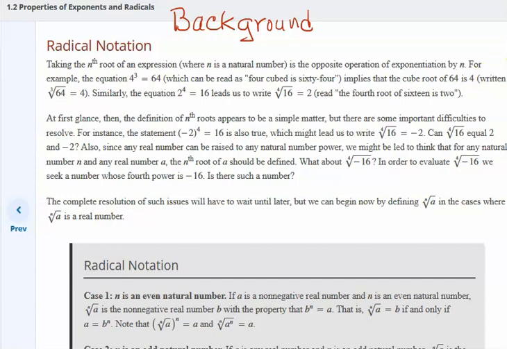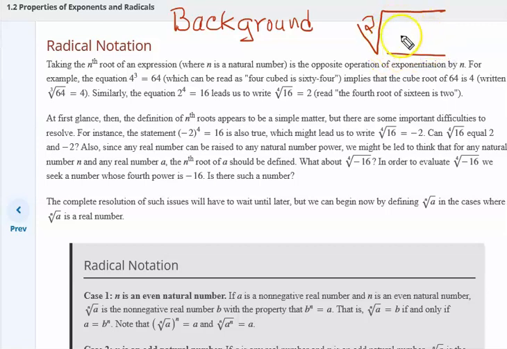And from an earlier course, you may remember this is the radical sign. What goes in this little notch here is the index. If no number is written there, there is an assumed 2 there. And what goes under the radical sign is called the radicand.